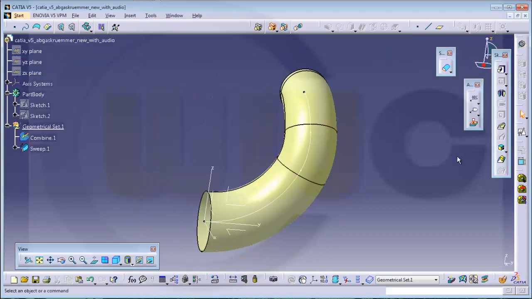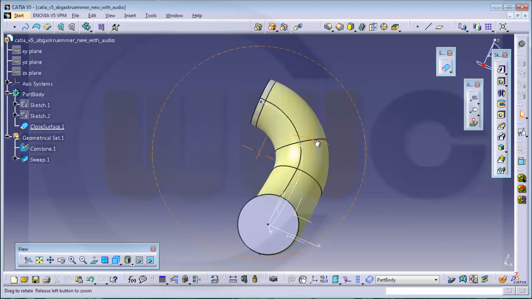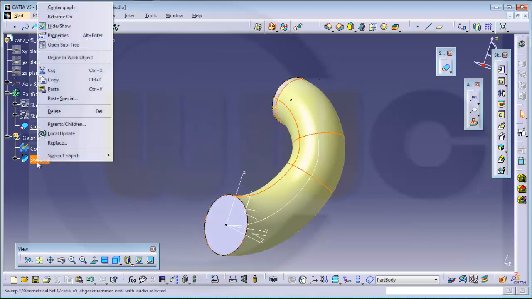and close this surface. Where is it? There it is. Close this surface. That's possible because this boundary is in a plane and the other boundary as well. Okay. And I could hide the sweep.